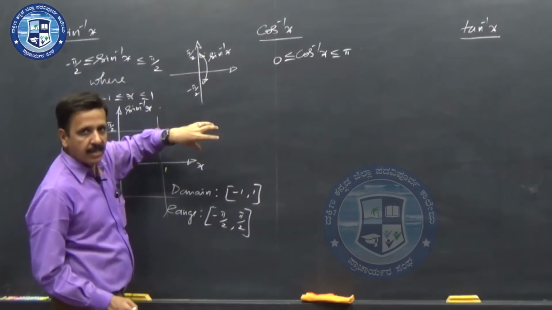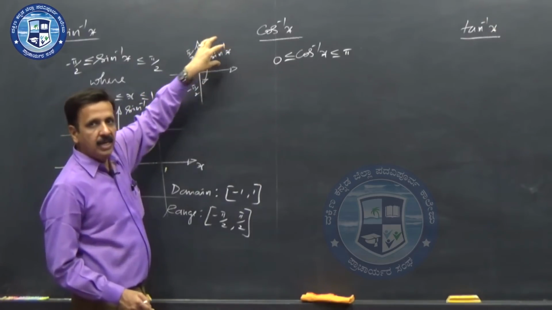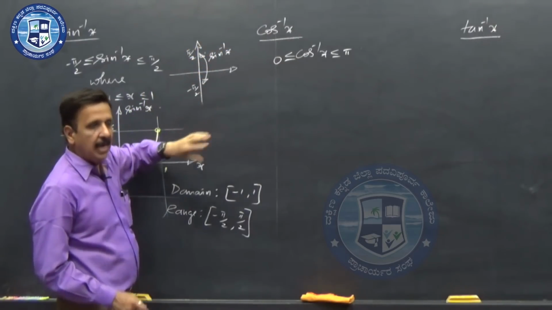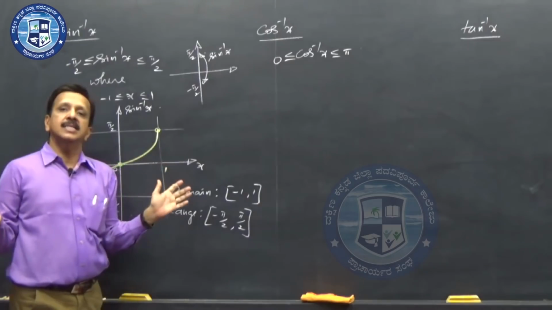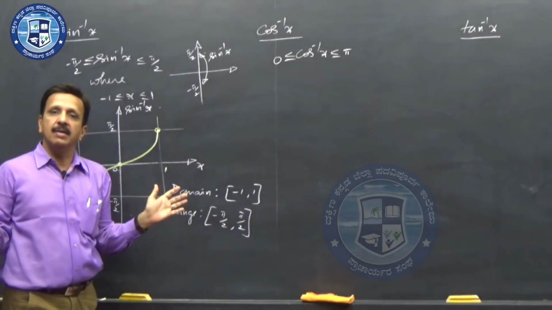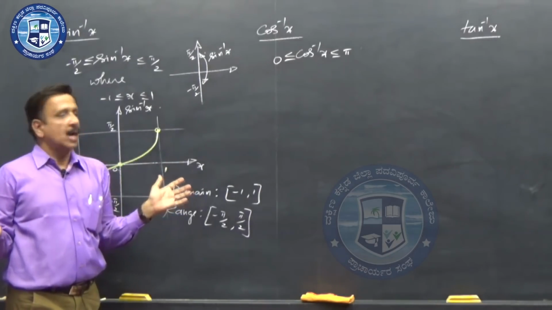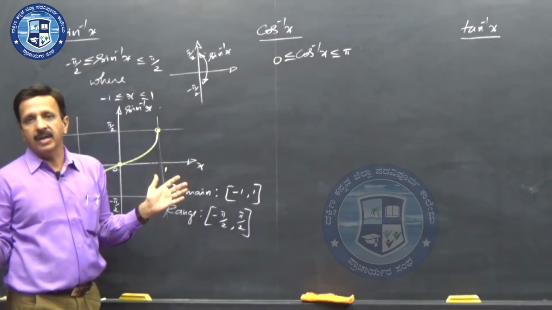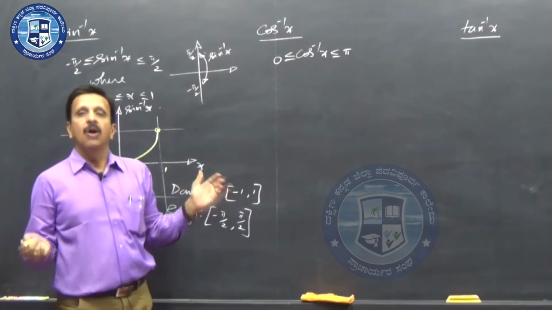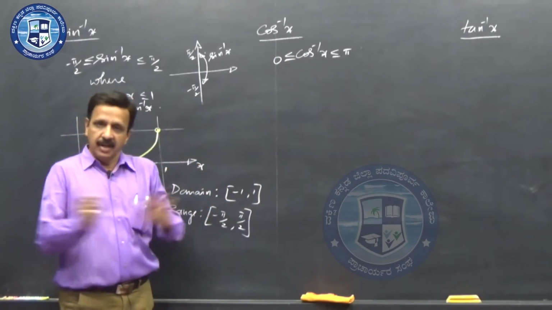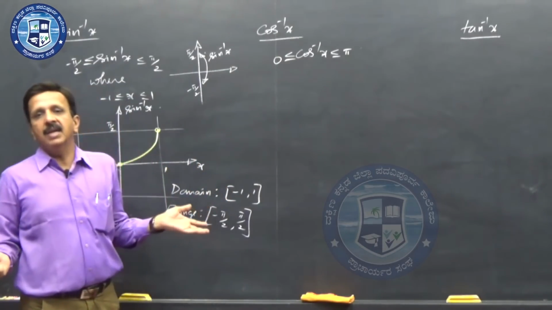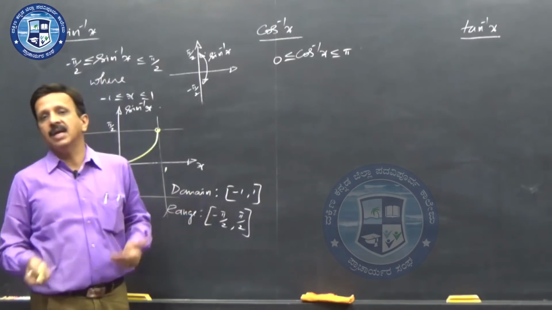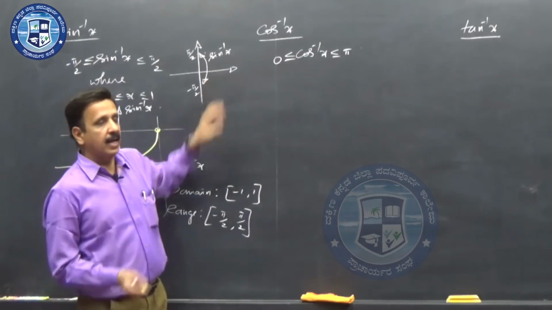The answer of sine inverse can never be 120 degrees in the second quadrant, nor in the third quadrant. It must be either in the first or the fourth quadrant. So, no confusion.